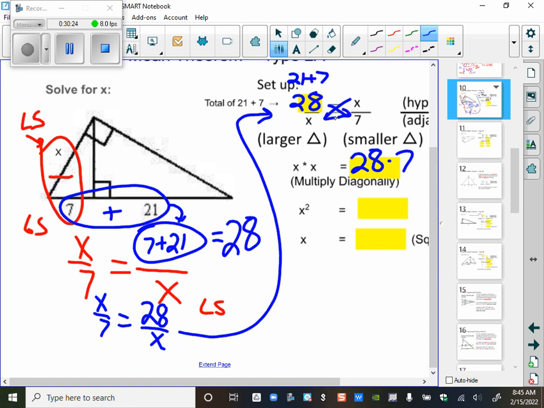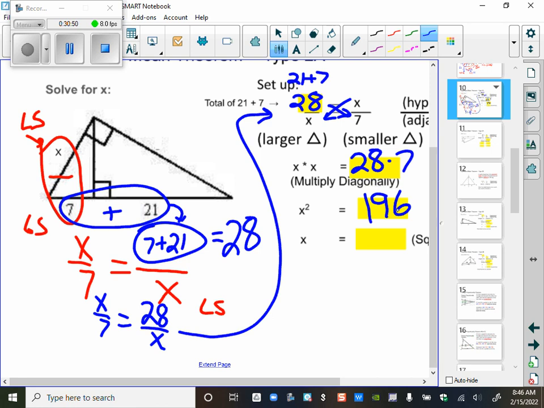It is 196. Do we agree with Joey? Now, this is actually a real nice number because 196 is a perfect square. We can take the square root of 196. And what do we get? Joey says 14. Do we agree?